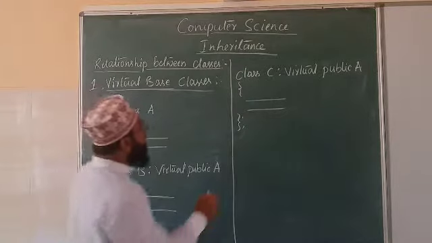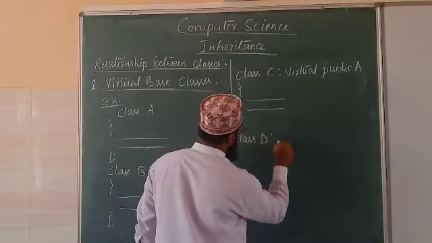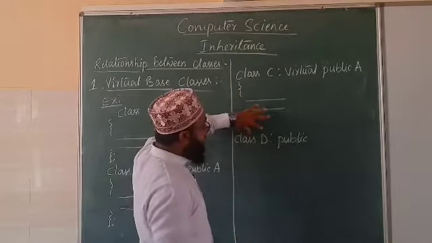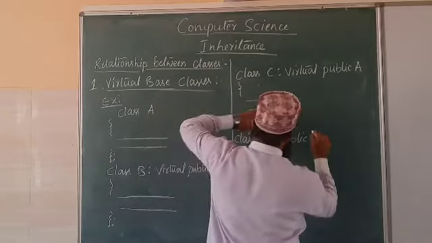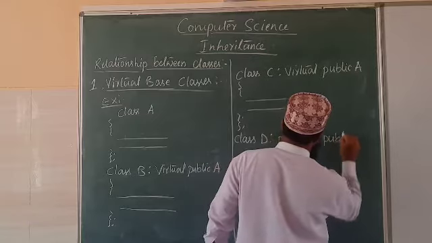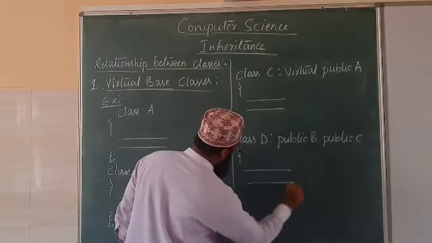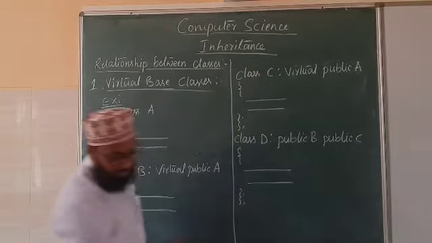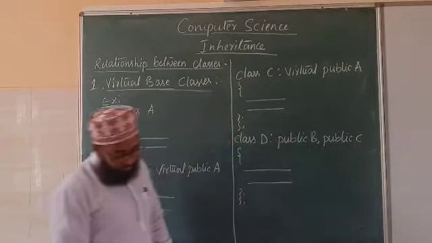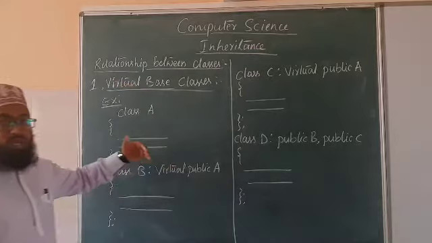And now one more class, that is class D, which includes public B and public C. So we need to put a comma here. Like this, we have to create a virtual base class. So this is the example of creating a virtual base class.